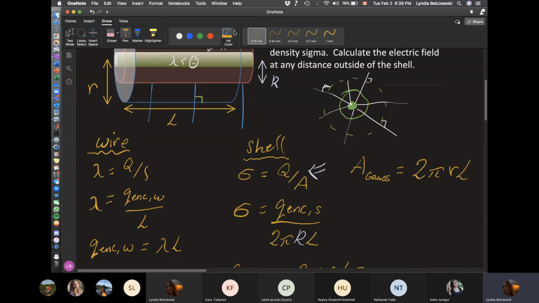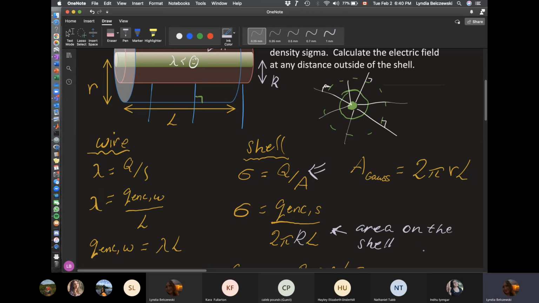So yes, as you said in the chat, and thank you so much for catching that, it should be just the radius of the cylindrical shell here, because this is an area on the shell, and we're looking specifically at a length L because that's how much is included in our Gaussian surface.